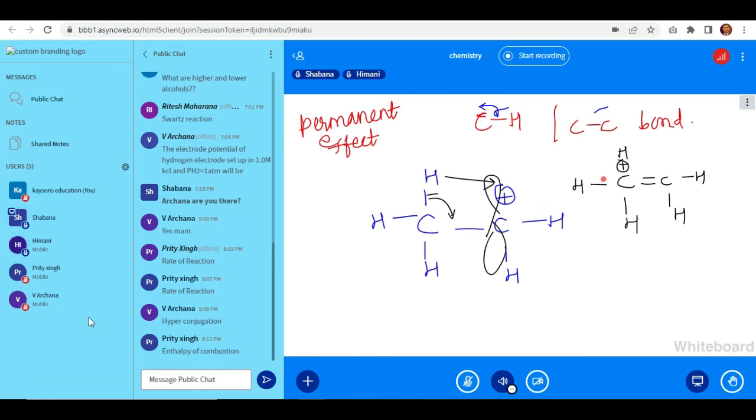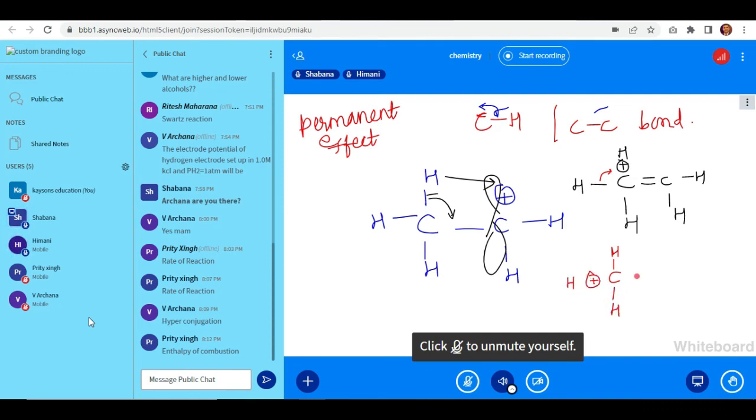This bond can break to give CH plus H, double bond C H H. So you can tell that sigma bonds of CH and C single bond are involved with the pi bond. This is called hyperconjugation. Clear? Clear, ma'am.